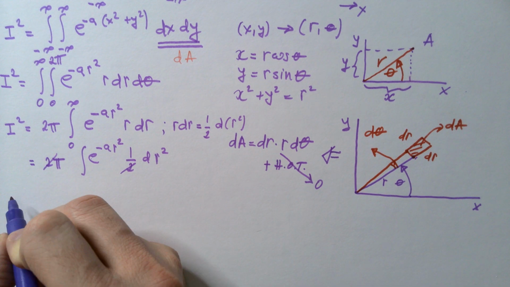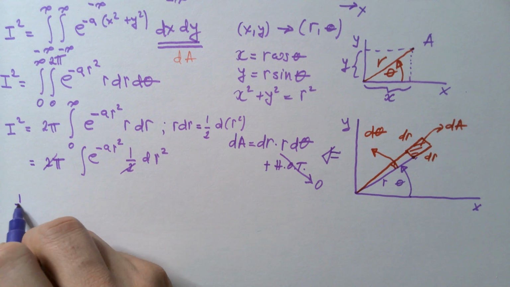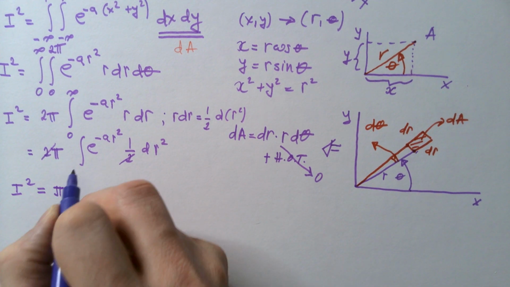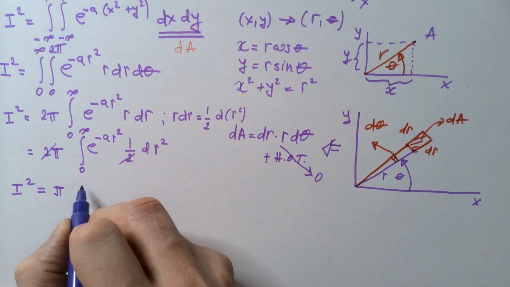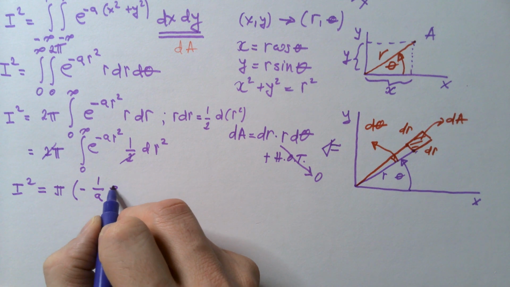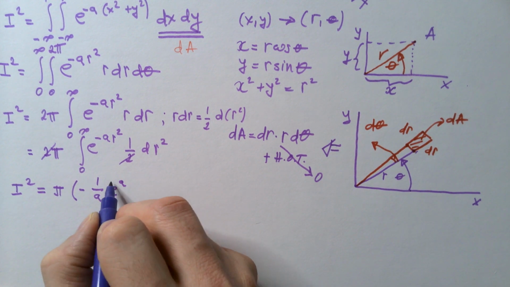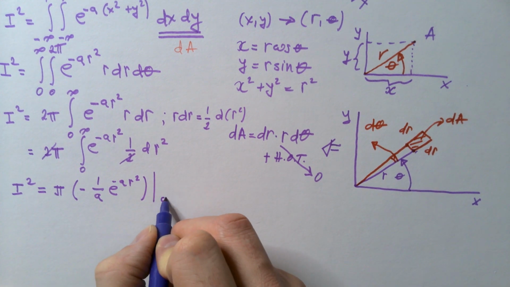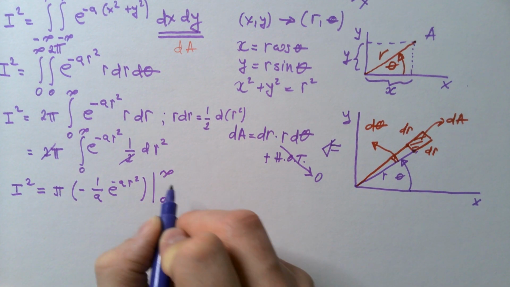Well, with that in mind, we can see that this integral becomes pi times, from 0 to infinity, negative 1 over a times e to the negative a r squared, in the limits between 0 and infinity.